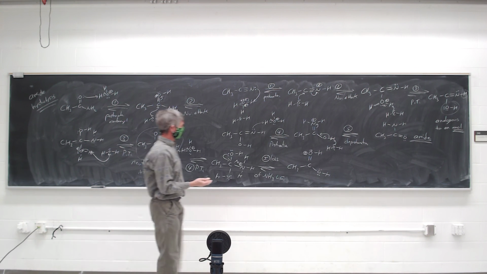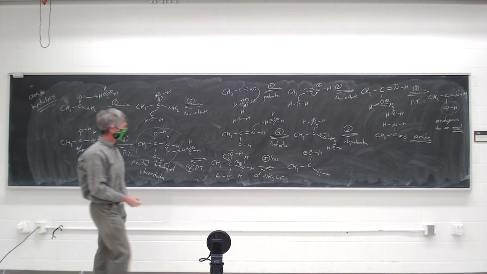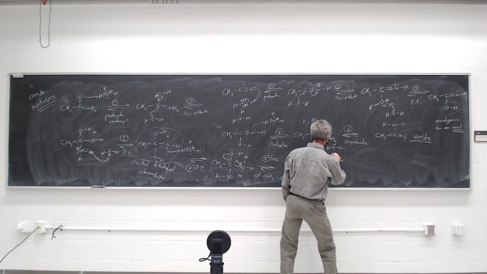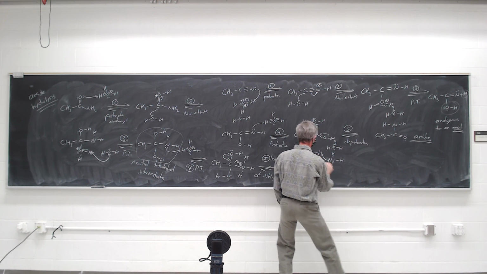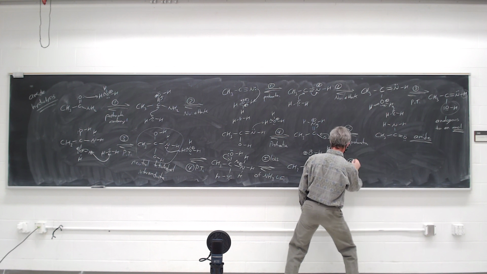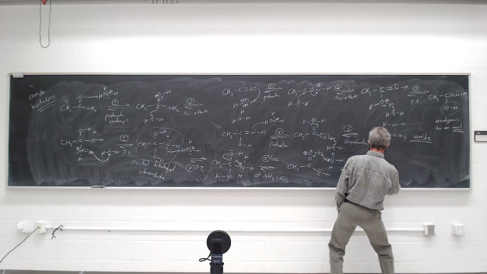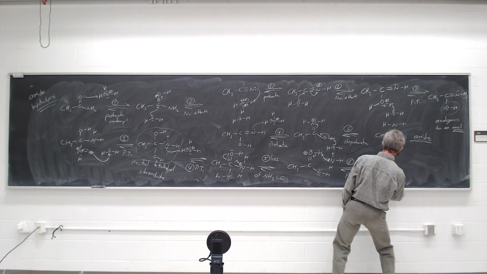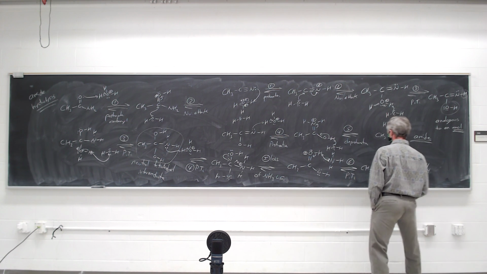In this case, the resonance structure I've drawn is the one that has a filled octet on everybody, which is the more stable resonance structure. The last step will be proton transfer. Ammonia is a better base than water. So that last step is deprotonation. Generate carboxylic acid and the ammonium ion.